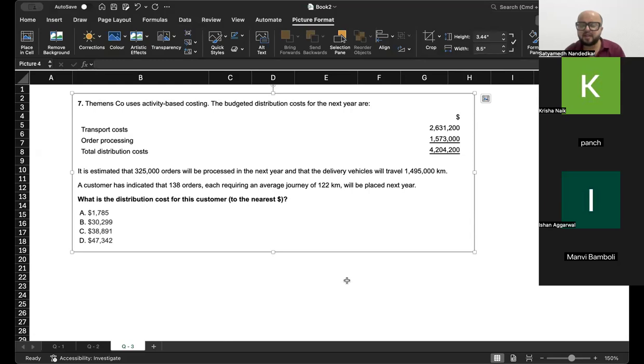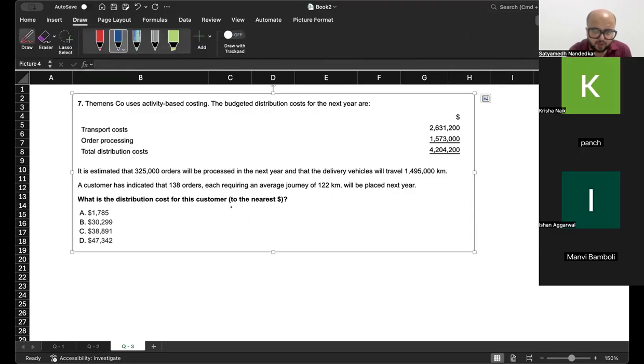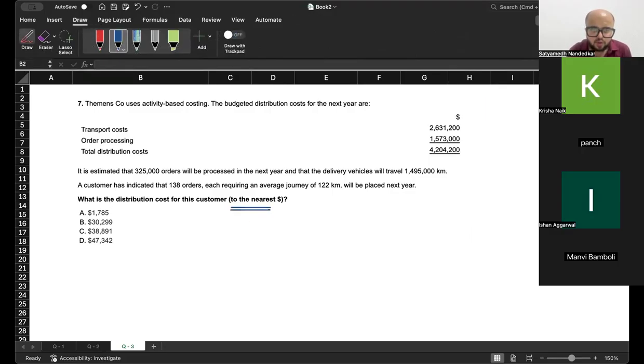This wasn't there, right? No, sir, it wasn't there. What is the distribution cost for this customer? Always read the requirement first, then go to the narrative. And here the question expects you to answer to the nearest dollar.